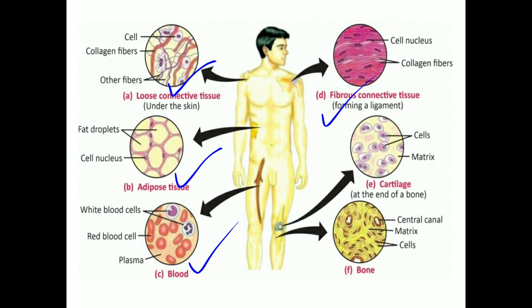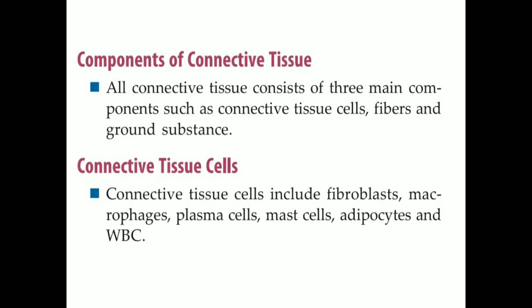Fibrous connective tissue, an example of which is ligament, connects one bone with another. Cartilage is another type of connective tissue at the ends of the bones, and bone itself is a hard connective tissue which provides a structural framework to the body. We'll see each of it.